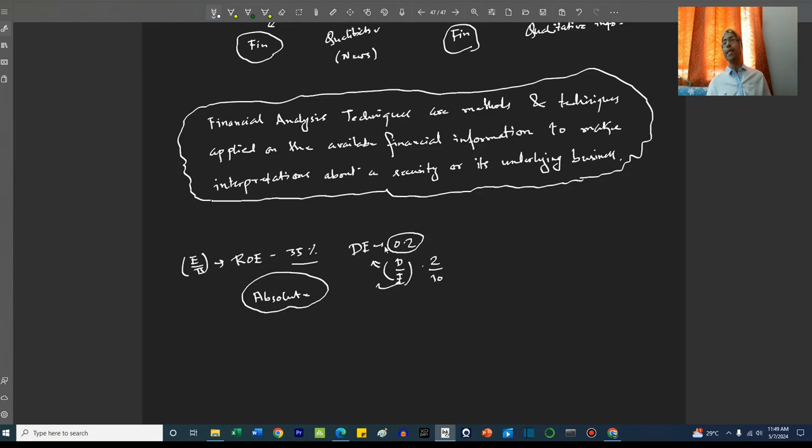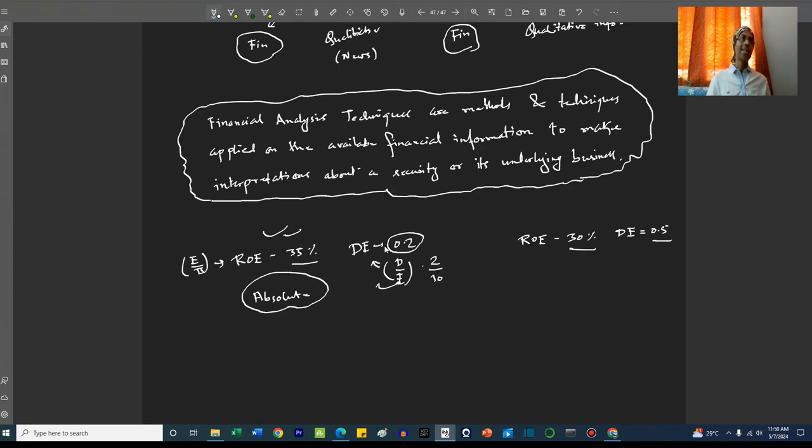Now what is a relative analysis? Let's say there is another company we are comparing this to. So the ROE of another company is 30% and its debt to equity ratio is 0.5. Obviously, if you compare this company with the first one, the numbers of the first analyzed company look more attractive.